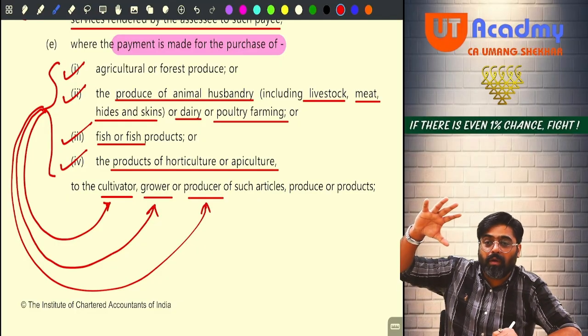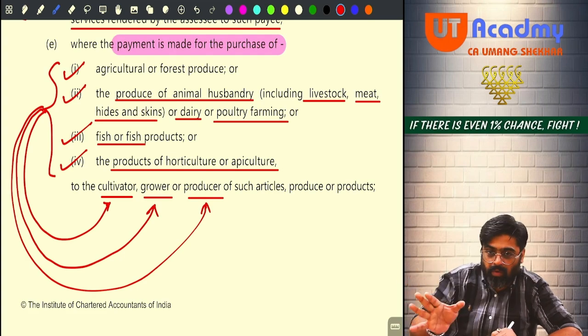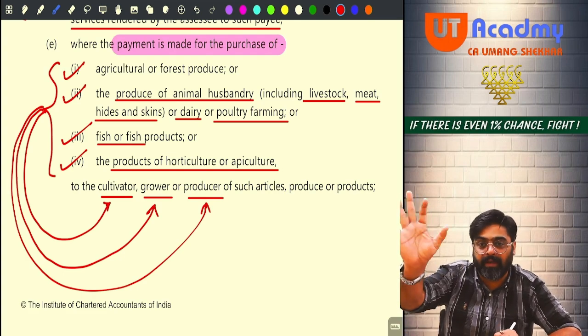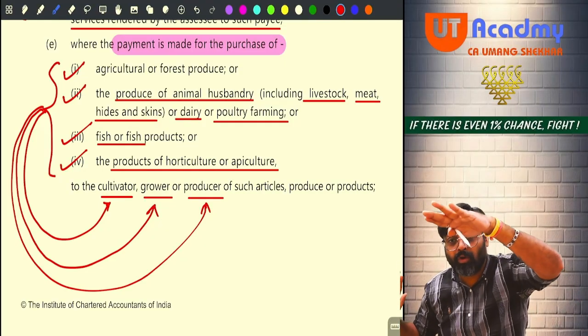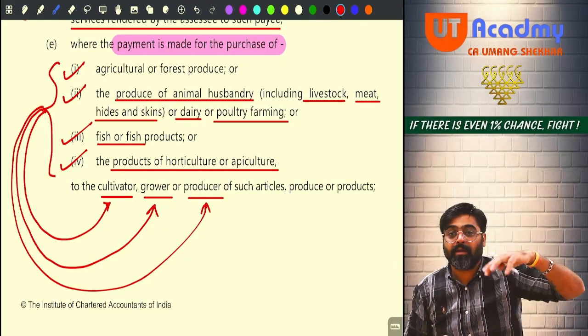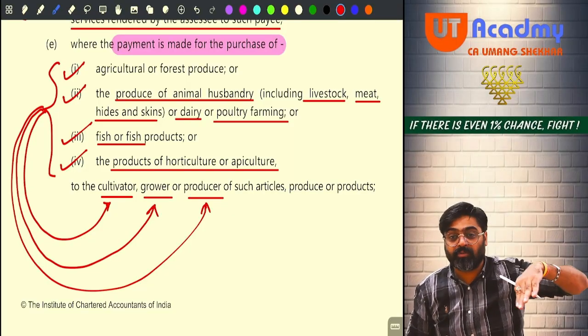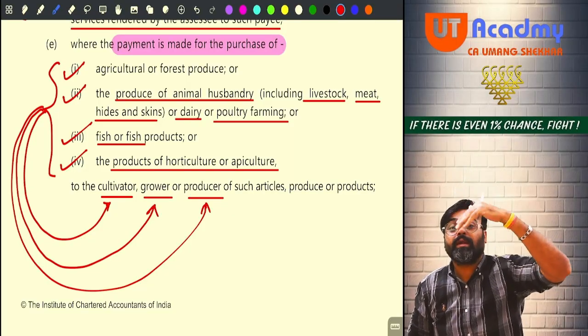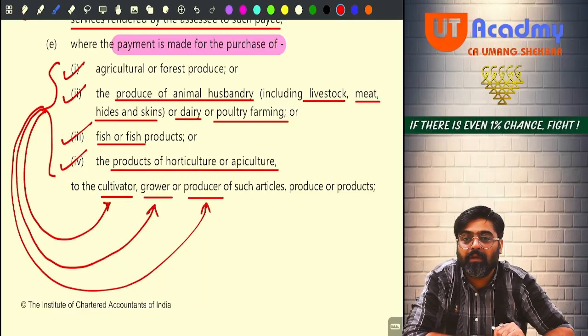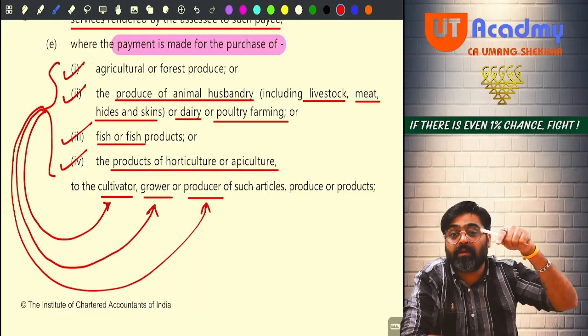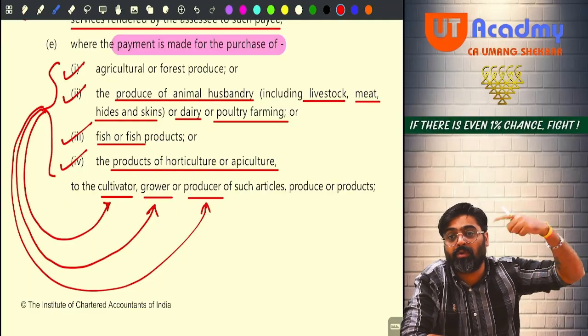So, the cultivator, grower or producer of these items: you are directly buying these goods from the cultivator, from the grower, from the producer of these items. And you are making the payment for these items to that cultivator, that grower, that producer.